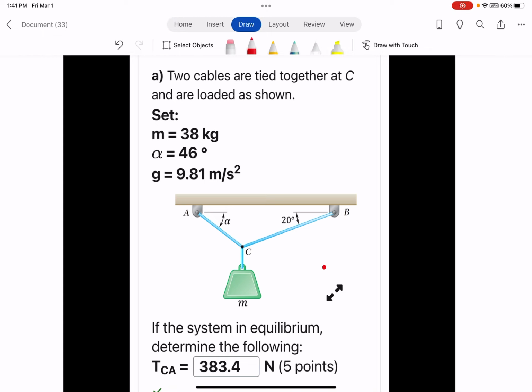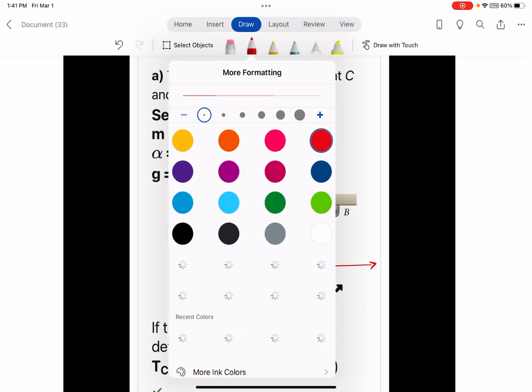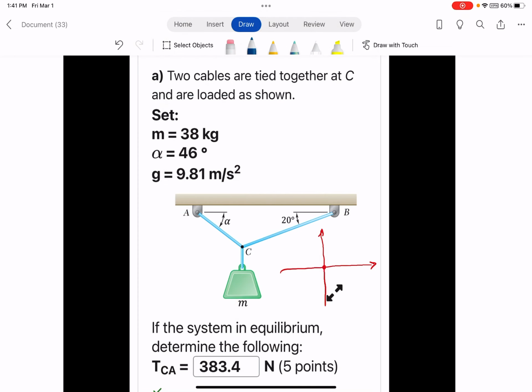We have, this is the x-axis, this is the y-axis, this is the free body diagram I'm drawing right now. So we have cable CB, the angle is 20 degrees with the x-axis, and there's a cable CA, they're all tension.